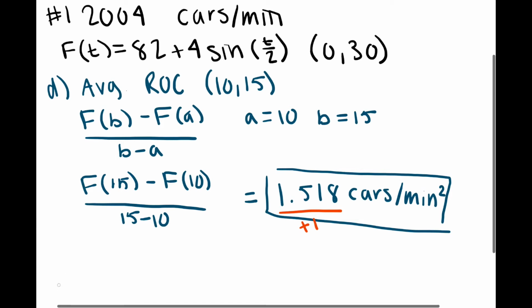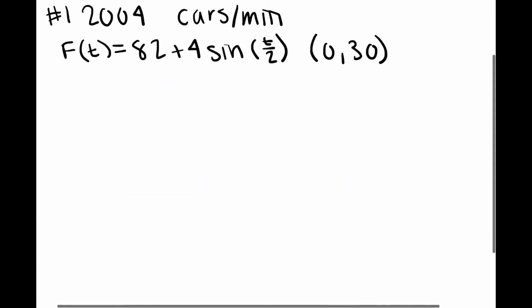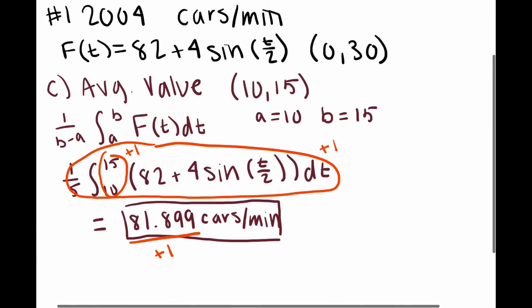And at the end, you will get 1 more point if you have the correct units for parts C and D. And in D is where the cars per minute squared, and in C was just the cars per minute.